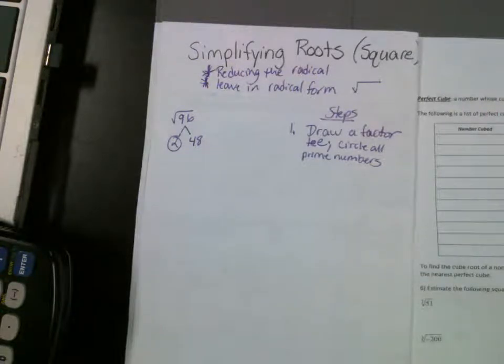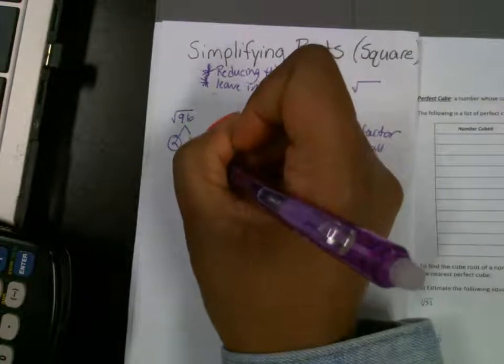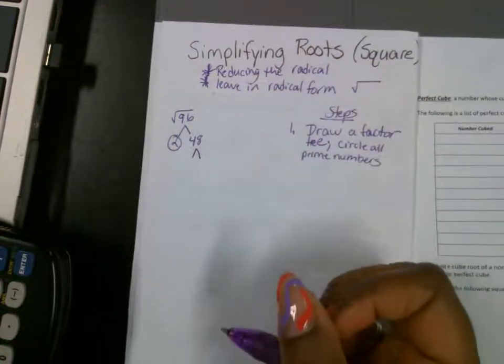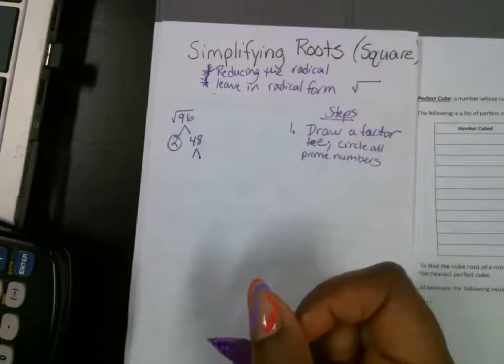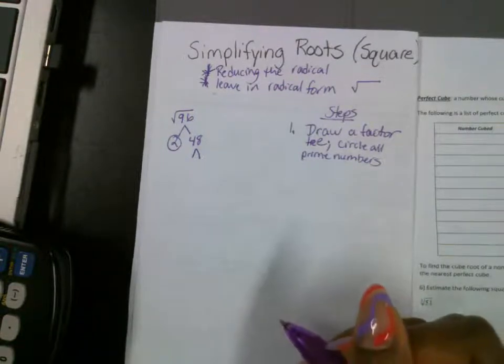You're going to circle all prime numbers. So now let's break down 48 because it's composite. It's not prime. What two numbers can be multiplied to give me 48? And you can't use 1.